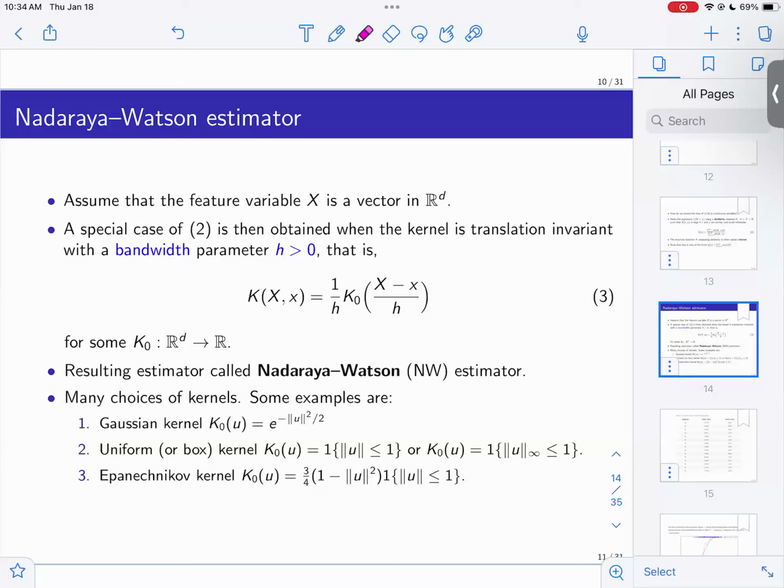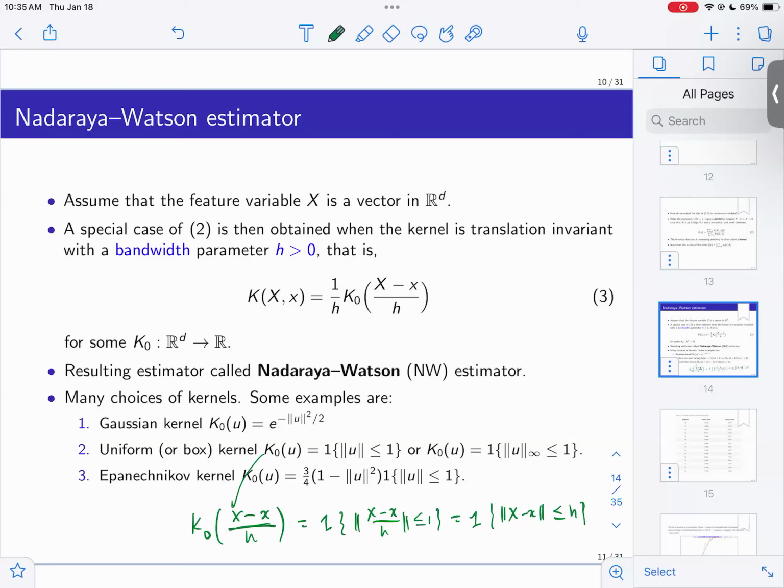And so for example, you apply this formula with this guy, and you'd see that k0 of x minus X divided by h is going to be the indicator of x minus X divided by h less than or equal to 1, which would be the indicator of x minus X less than or equal to h, which is the same thing that we did.